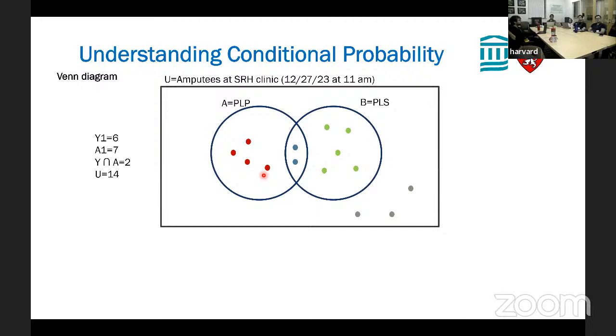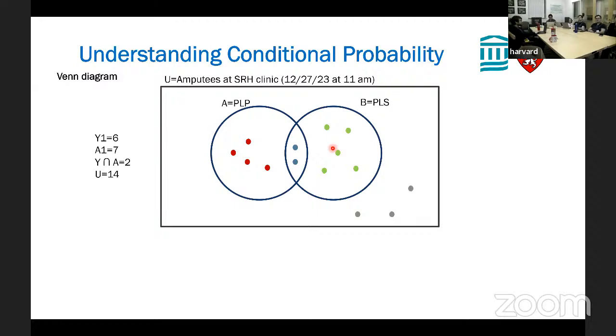And then A, which is PLS, level 1, meaning they have PLS, is 5 plus 2, so it's 7. The intersection is 2, and the universe, in this case all the patients they saw in the clinic, is 14. That is a classic Venn diagram of a scenario with two events that are not mutually exclusive.